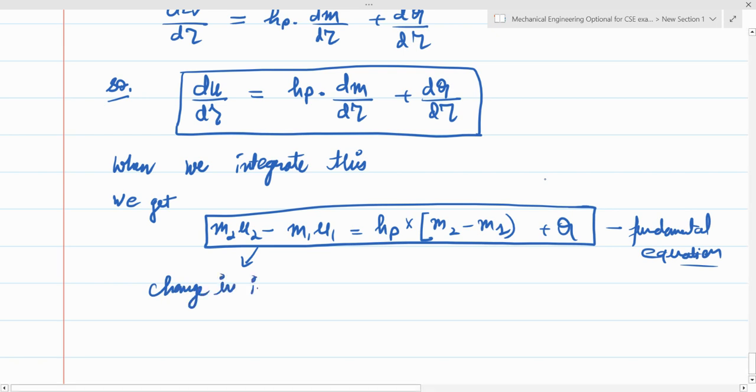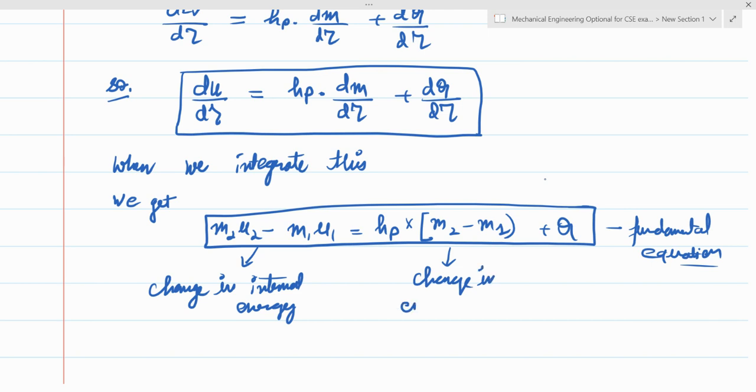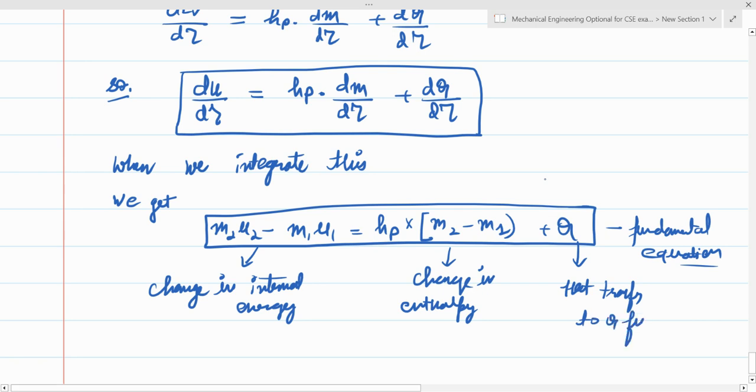Change in internal energy is equal to the change in enthalpy plus the heat transfer to or from the pressure vessel.